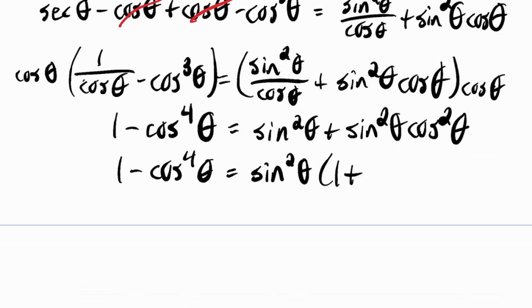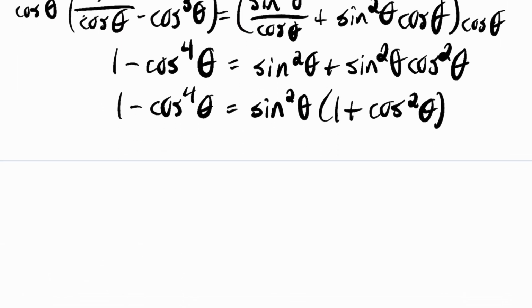From this, you might be able to tell what I originally thought was the easiest approach, which we'll probably do in a separate video, because we're over 10 minutes now. Plus cosine squared theta. Since that is harder to see, I'm reluctant to do this the clever way. Let's do it the more straightforward way.